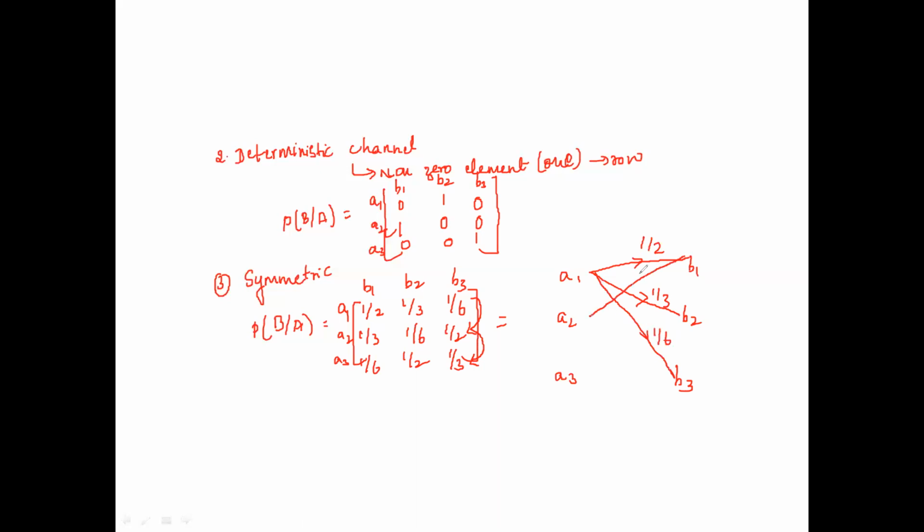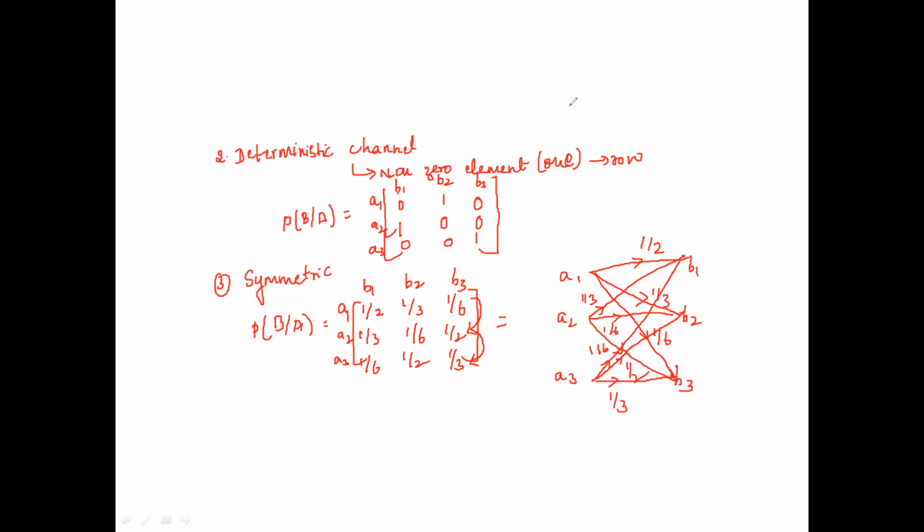Similarly, A2 to B1 probability is 1 by 3, A2 to B2 is 1 by 6, A2 to B3 is 1 by 2. Similarly, A3 to B1 is 1 by 6, A3 to B2 is 1 by 2, A3 to B3 is 1 by 3. So this is the channel diagram for a symmetric or uniform channel.